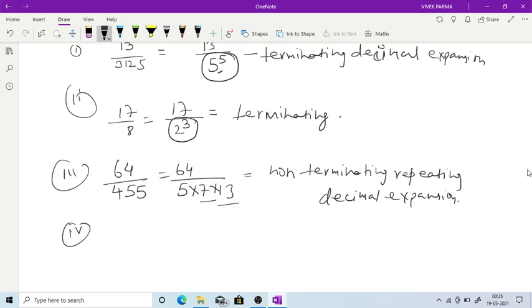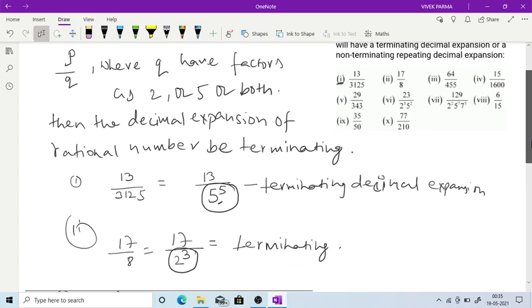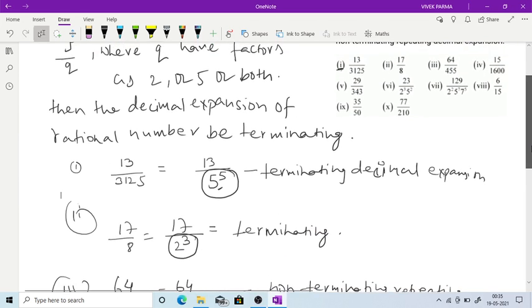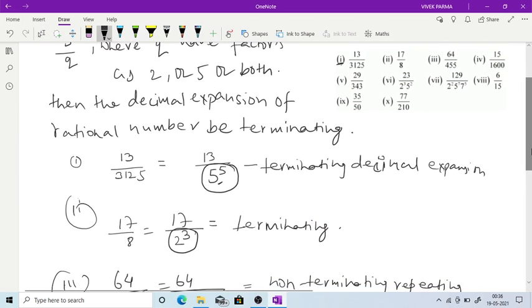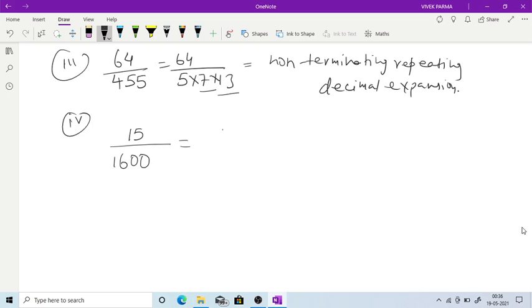For question number 4 now, we have here 15 upon 1600, right? So see, this 1600 can be written as 2 to the power 6 into 5 square, right?